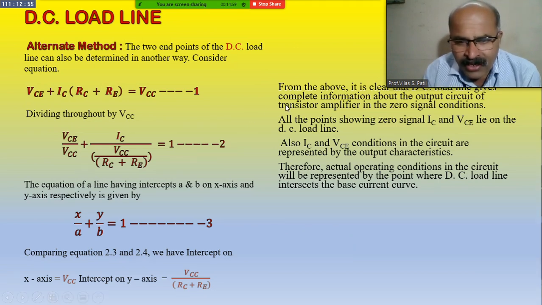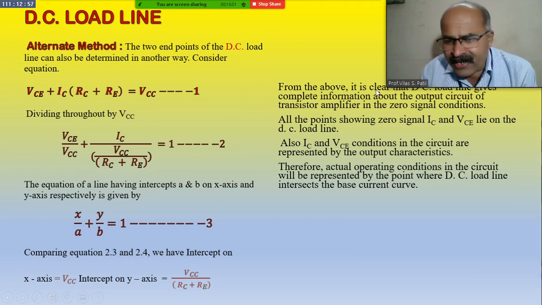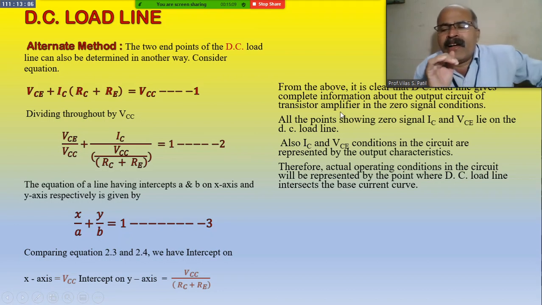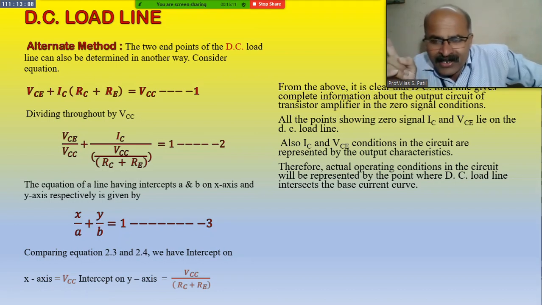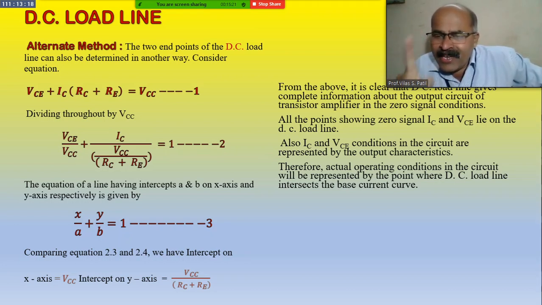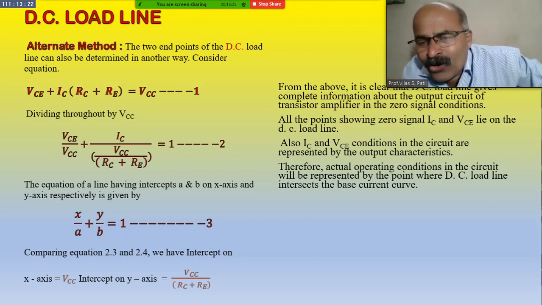Friends, from the above it is clear that the DC load line gives the complete information about the output circuit of the transistor amplifier in zero signal condition. Means the DC load line will be exhibited in DC condition. At the same time, the AC signal will be at zero.